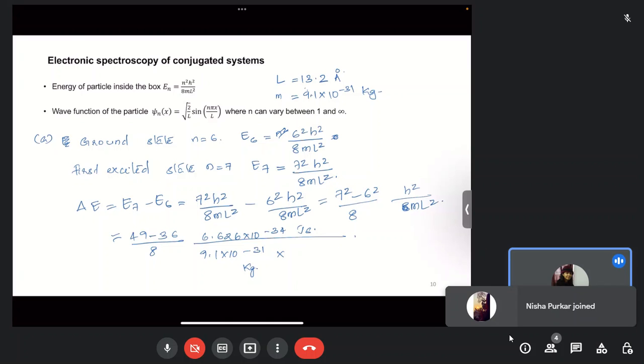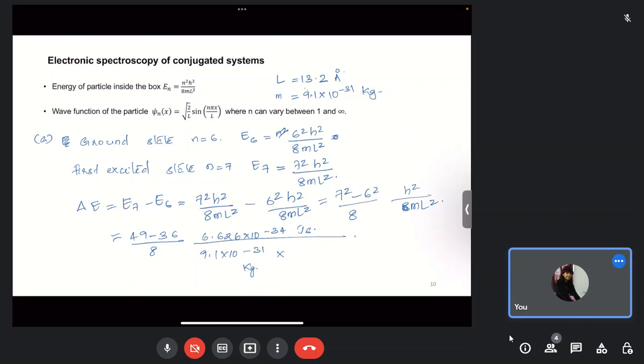L square is in meters, 13.2 into 10 to the power minus 10, since 1 angstrom is 10 to the power minus 10 meter. So this is in meter.